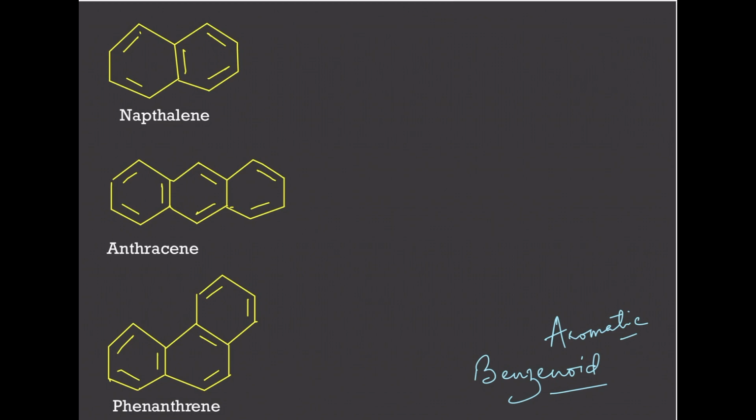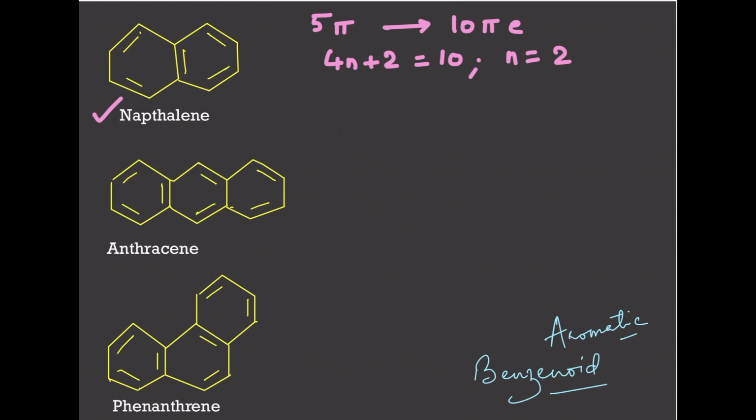As you can see, there are 5 pi bonds in naphthalene, and that means there will be 10 pi electrons. These 10 pi electrons are to be equated with 4n plus 2. That's the formula. So the value of n here comes out to be 2. Again, it is a whole number, which means Huckel's rule is satisfied here, and so naphthalene is aromatic.